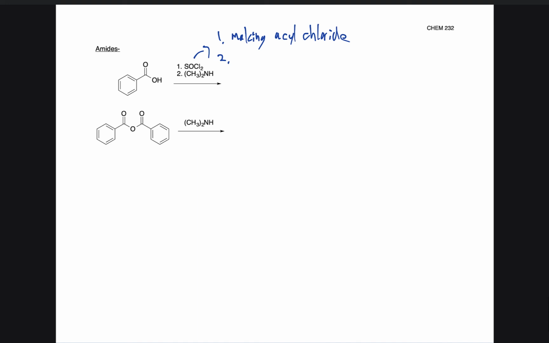And in the second step, we're doing this amine substitution, where the amine is going to come in and kick out that chlorine leaving group. And so our product here in this case is this, where that amine has come in and kicked out the chlorine to get to our amide. And with our second bit here, the amine is going to come in and react right away with, remember, this anhydride here.